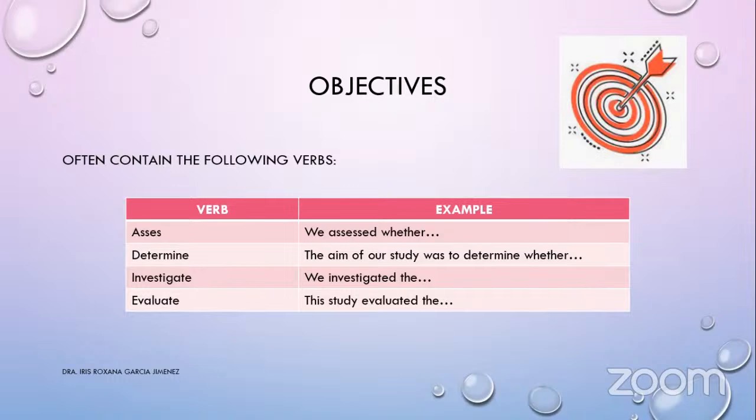For example, for assess, we assessed whether. Determine: the aim of the study was to determine whether. Investigate, we could say, we investigated the. About evaluate: this study evaluated the, and then here you go, you get all the answers about it.